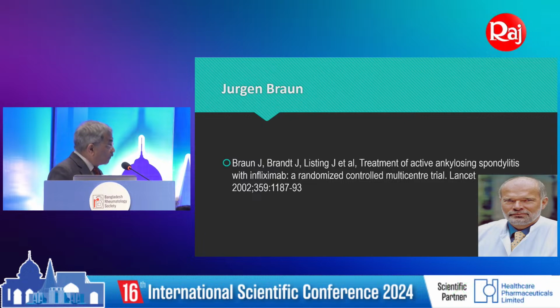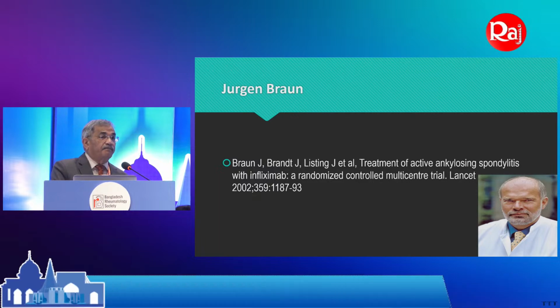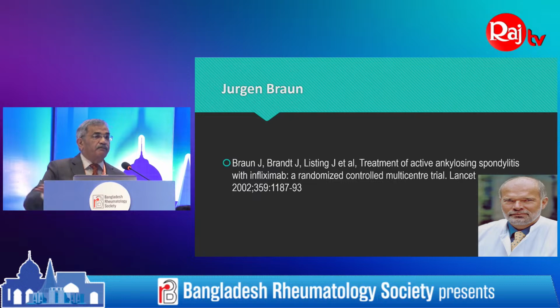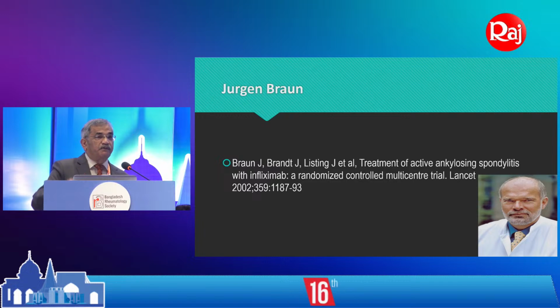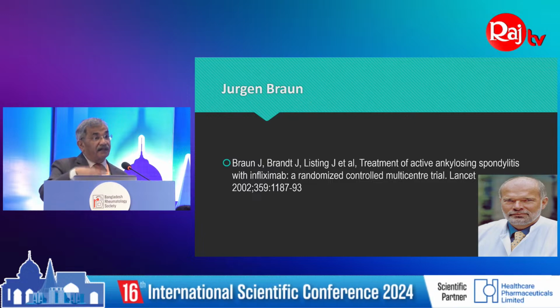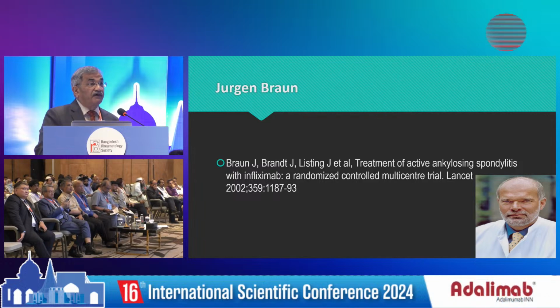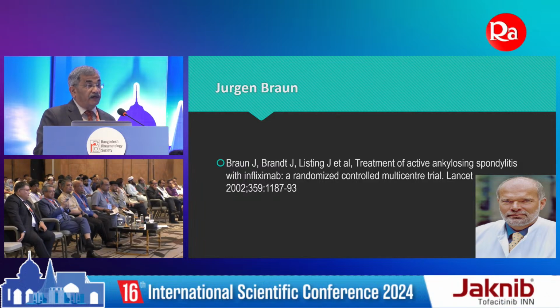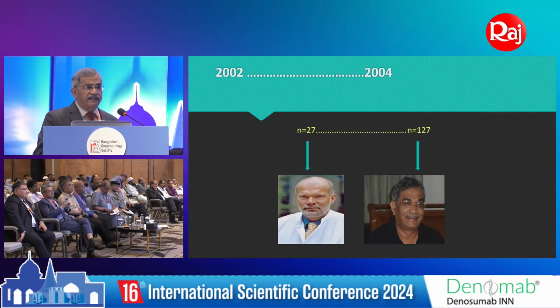And believe me, I salute this person because he was not given the drug by the drug company. He was told, don't give him this drug. You know, all those issues between the British and the Germans; he was German. He went to the US and purchased the drug, and the rest is history. He changed the history of treatment of SPA or ankylosing spondylitis. So he published in 2002, and at almost a similar time, I had more than 100 patients.